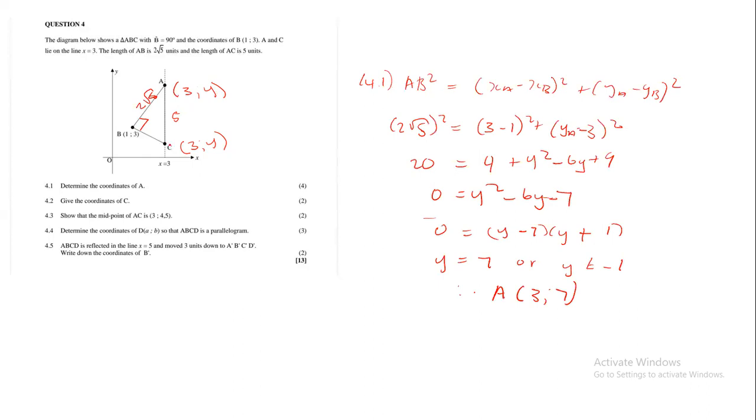So now what we can do is a longer version of this. We are told that AC is 5 units. You can also use the distance formula the way we did to determine the coordinates of C, but because this is the same as question 4.1 and it is 2 marks, I said you can use the simpler approach.